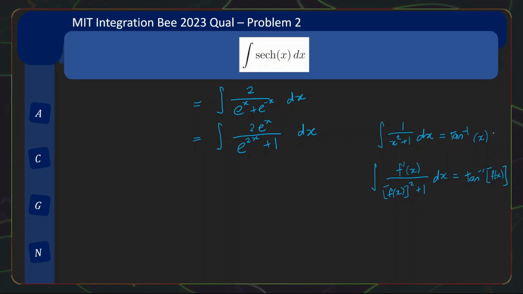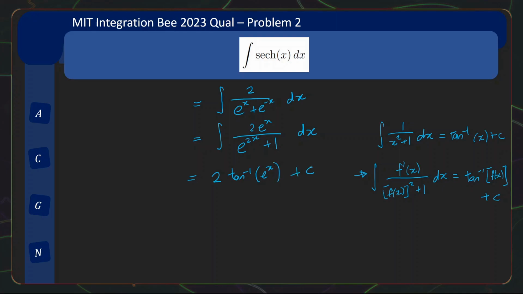Let me just put in the plus c for good practice. In this case, we have the exact form given by this formula. So this gives you 2 arctan of e to the x plus c.